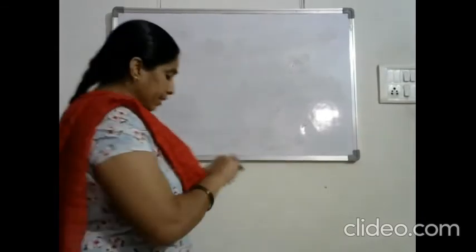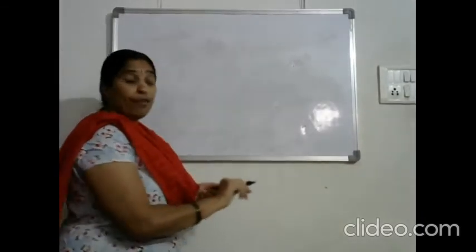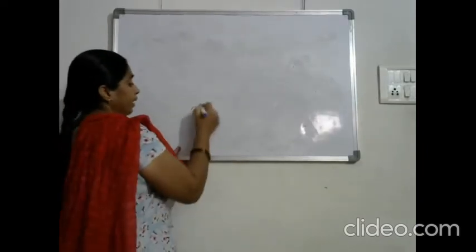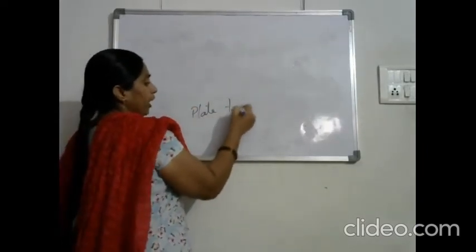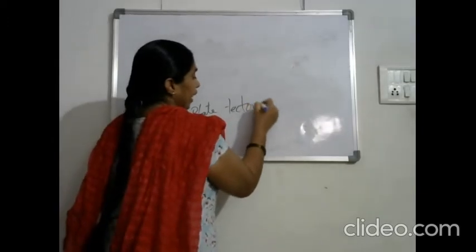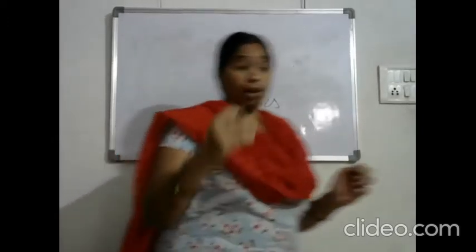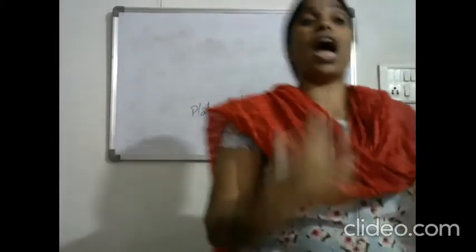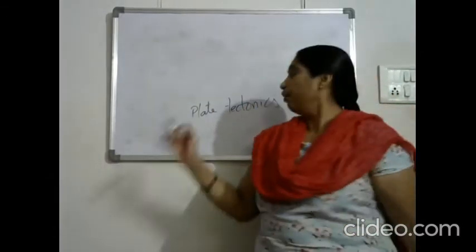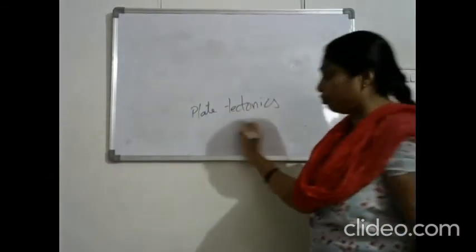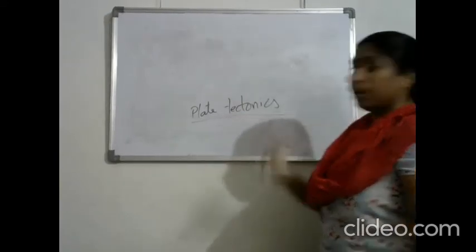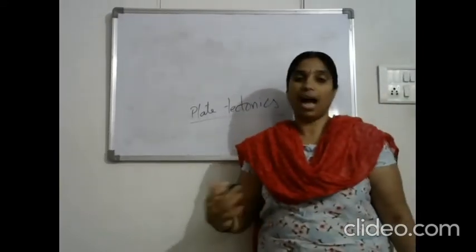Last year in 7th class we learned about plate tectonics. What are plate tectonics? They are the plates under the earth's surface, because of whose movement the changes in the land occur.